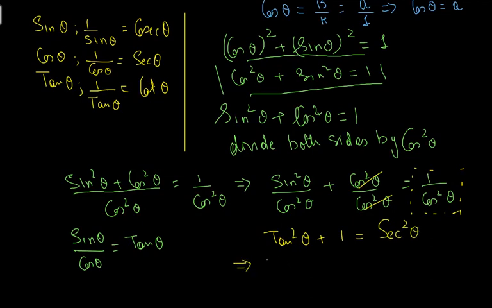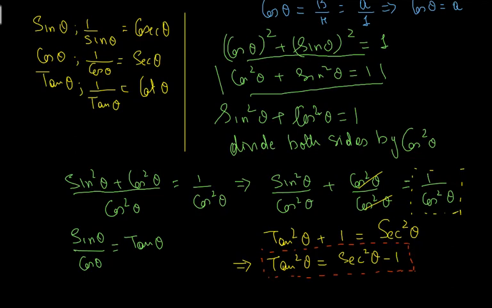This implies tangent square theta is equal to sec square theta minus 1. We haven't used red much today, right? So let's use red here. So this is our second important equation.